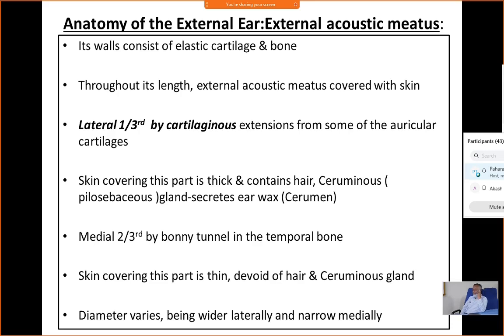If this ear wax is excessive, it may obstruct your external acoustic meatus and hamper the auditory function of the ear. Then the diameter of the external acoustic meatus varies. It is wider laterally and narrow medially, because the medial aspect is a bony canal, so it is narrower, while the lateral aspect is larger in size.